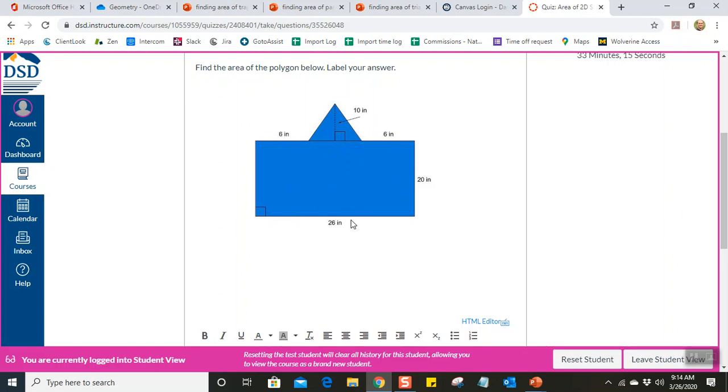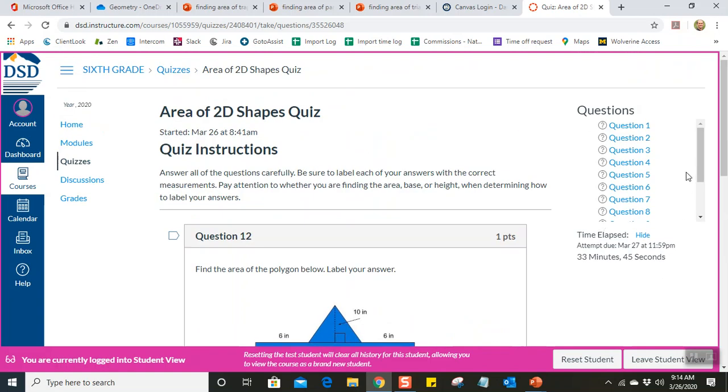Now subtract that from 26, and what you have left is here. Now again, this is not to scale because what number you're going to get for right here is bigger than the 6's, which I know is confusing. I try to make my shapes a little bit more realistic, but this is a district quiz. So 6 plus 6, take that away from the 26 to get this little missing part. Remember the triangle, base times height divided by 2, then you add the two pieces together.